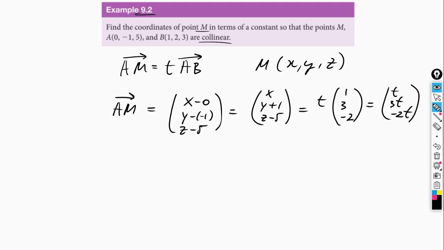So in other words, the coordinates of point M in terms of a constant would then be x is equal to t. We get that from here. Y is equal to 3t minus 1. And z is going to equal 5 minus 2t.